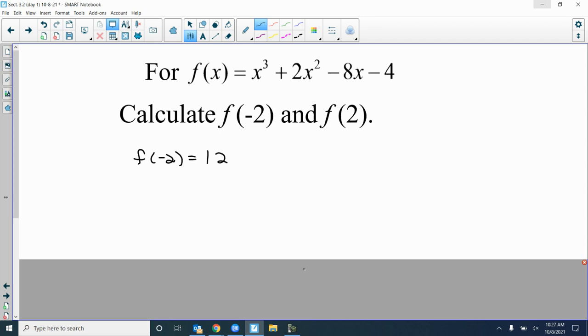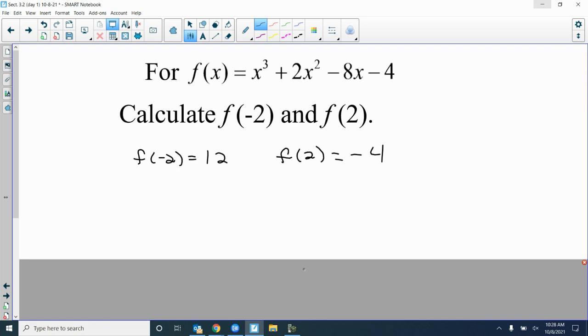And 10. All right, keep working. We'll wait. Pressure's mounting. Negative 4. Oh, and you had to go to Justin for backup. So negative 4. All right, do we agree with that? 12 and negative 4?